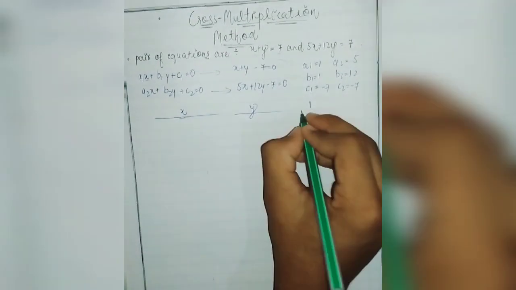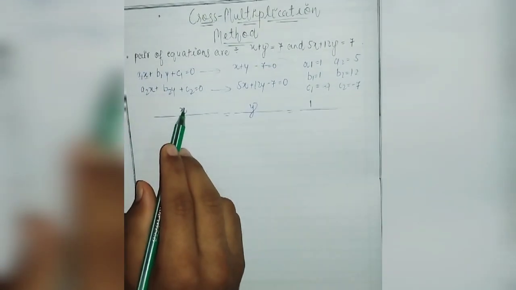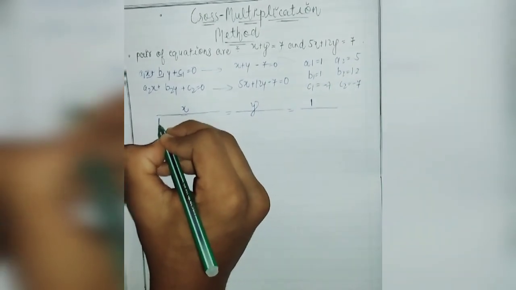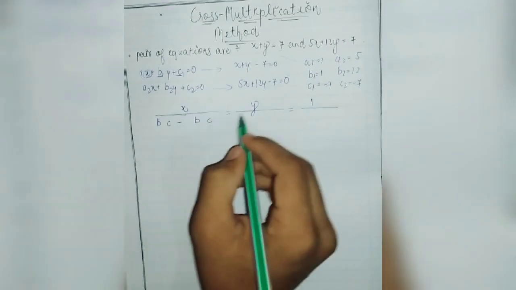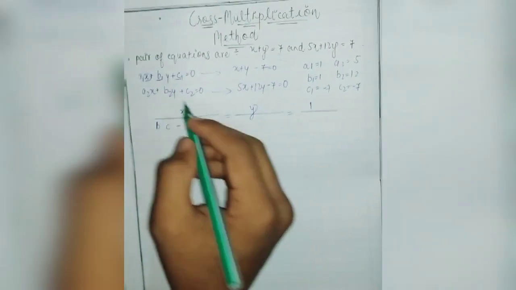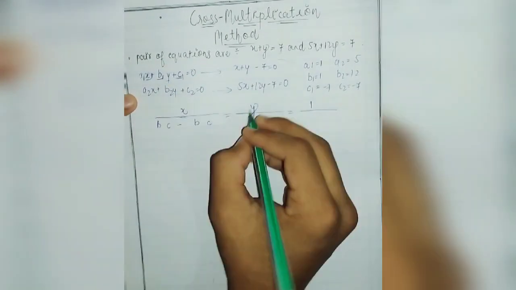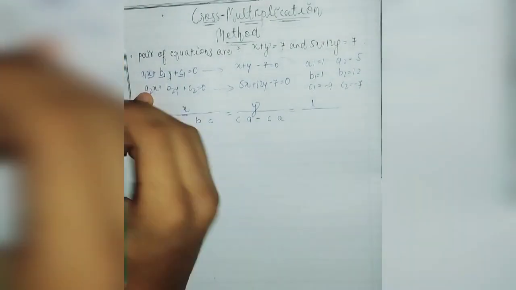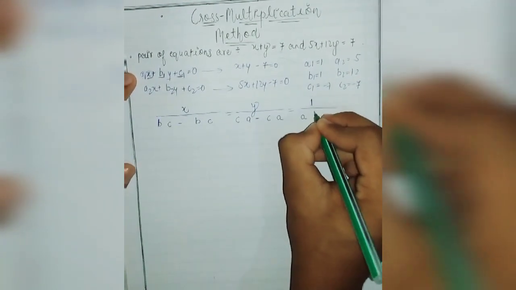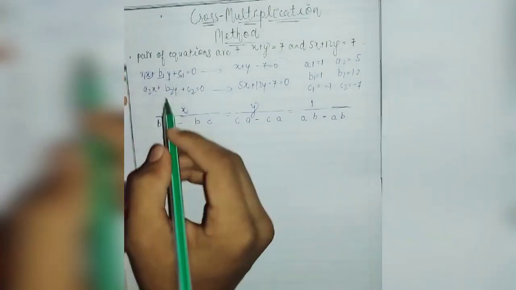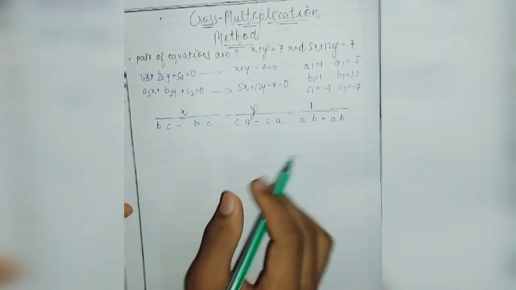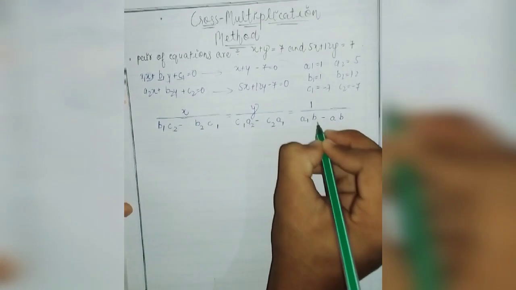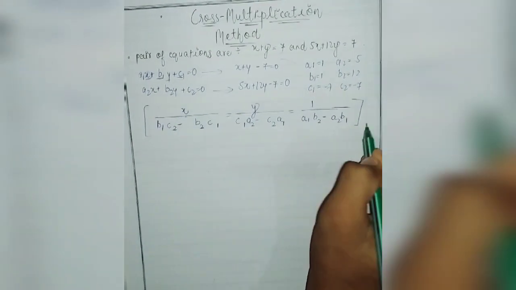For x, we write the coefficients of the other ones, like b and c: b1 c2 minus b2 c1. Then for y we write c1 a2 minus c2 a1, and for the constant we follow the same pattern: a1 b2 minus a2 b1. So that's the formula for the cross multiplication method.